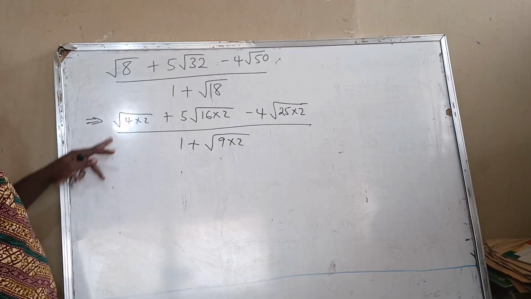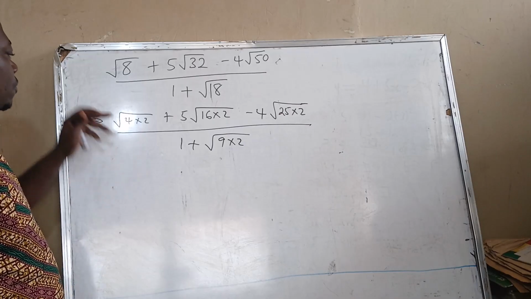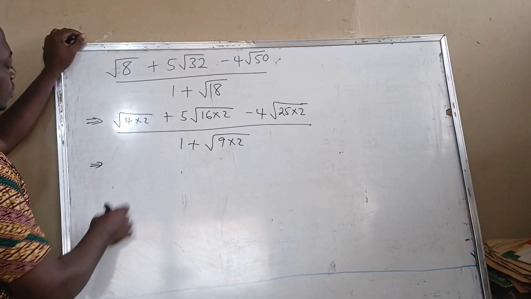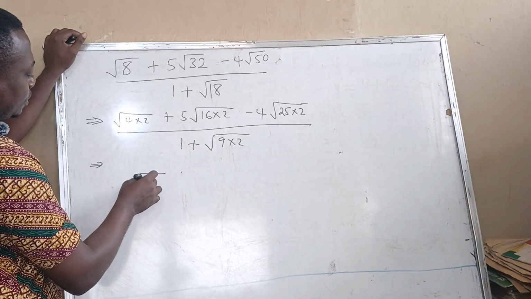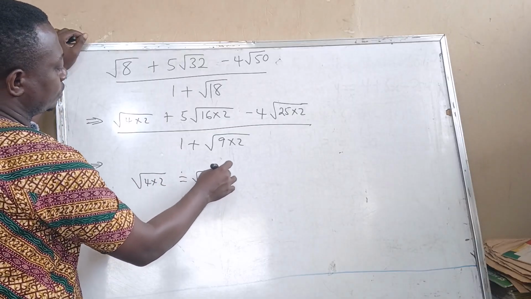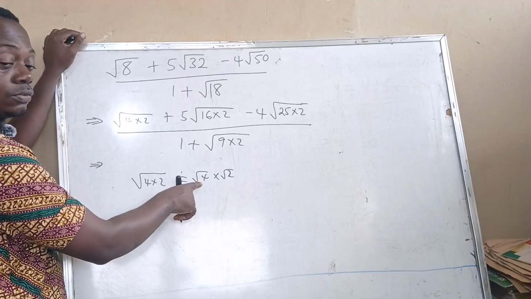All right, so we can write this one as square root of 4 times square root of 2. That would be 2 root 2. When we have this, it's the same as square root of 4 times square root of 2, whereby this one will give us 2.